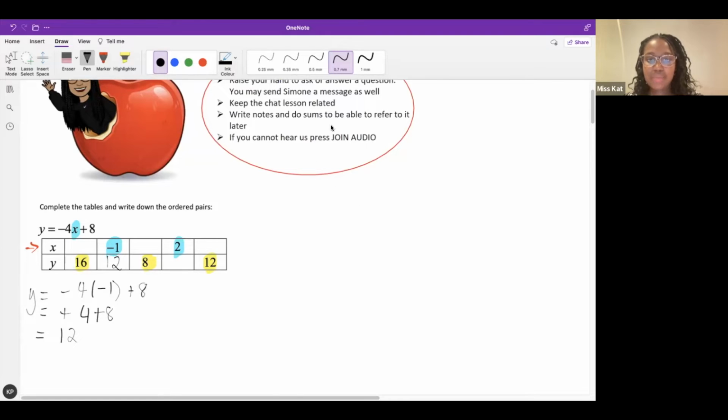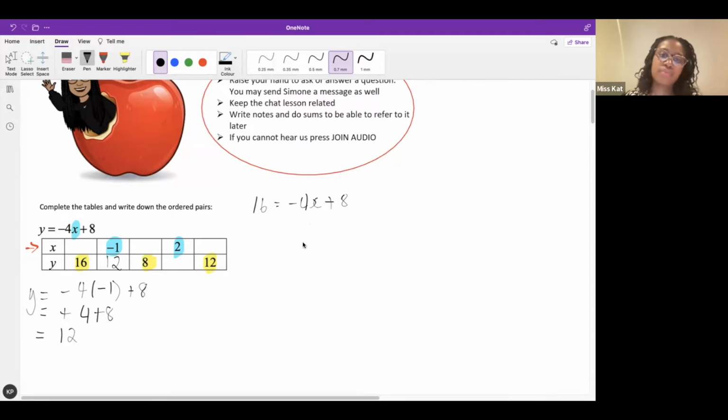Ma'am, I can try to find the first one. Okay, let's do it. So we're going to say Y equals -4X plus 8, and then 16 equals -4X plus 8.